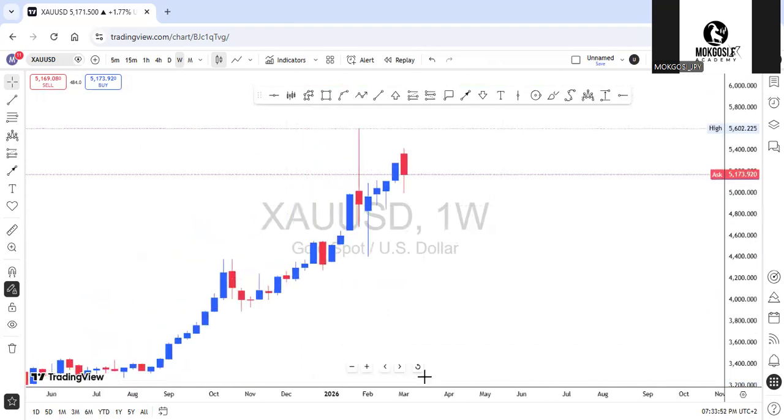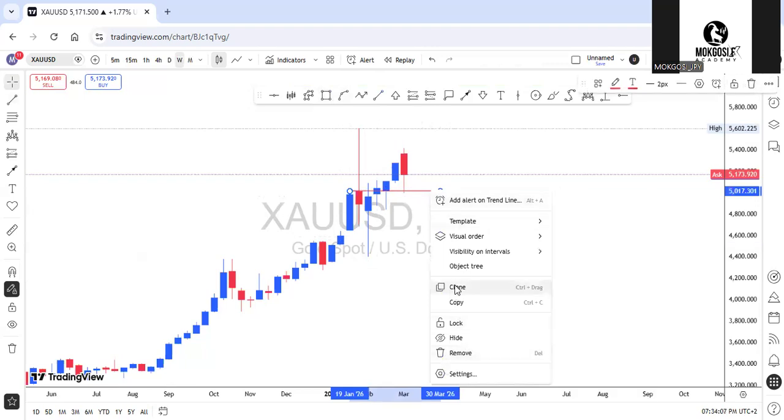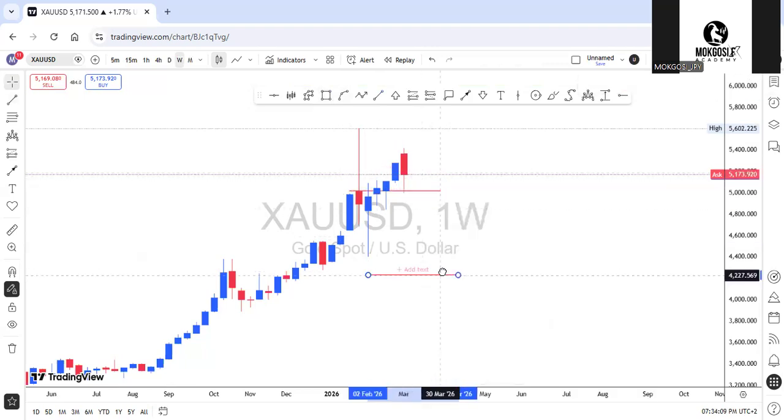So while we are into a monthly time frame, we started to realize that the market itself managed to reject here. Why was the market rejecting here? This is the question. And I'll just take this trend line and mark this spike.